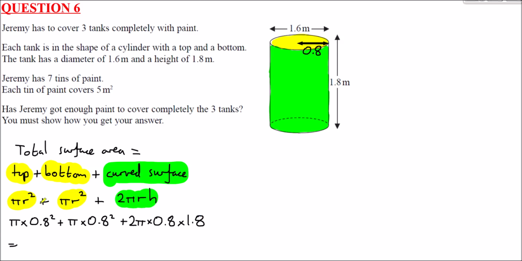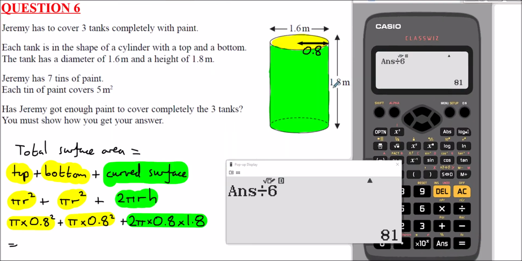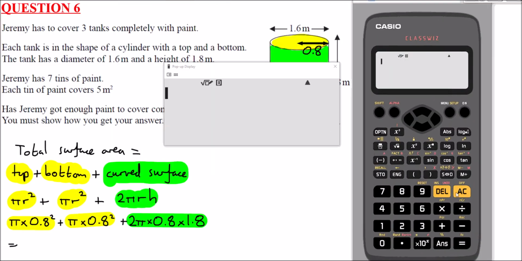So let's just work out what this is going to be. This is definitely a calculator question, no doubt about it. To get the pi button, if you press shift pi where it says x 10x, you get pi exactly.